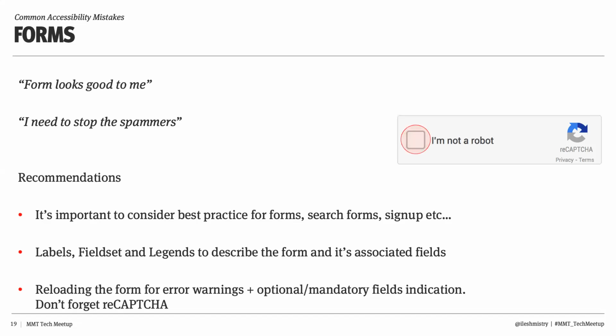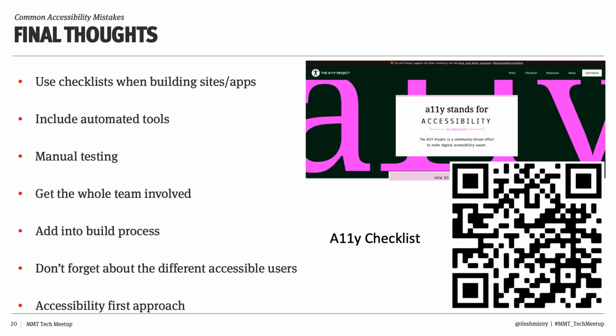So that's a lot of the mistakes and assumptions I've gone through, and I've got a few final thoughts on this. My recommendation is to use the accessibility checklist that's available there. You can have a look at it using that QR code, and that checklist is really up to date.